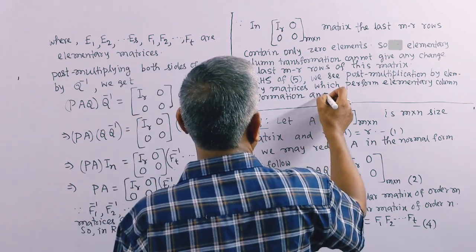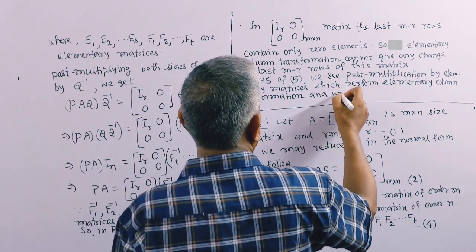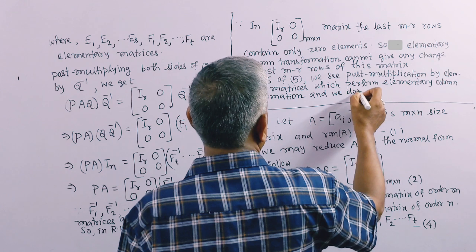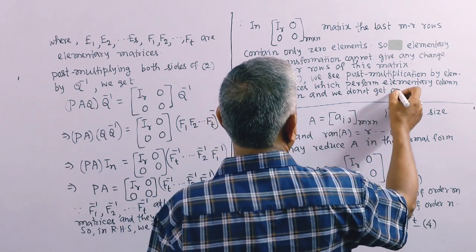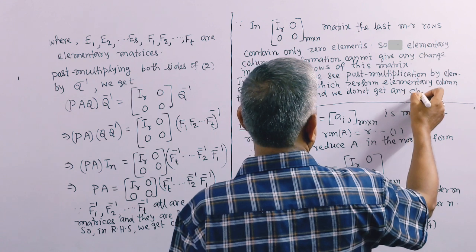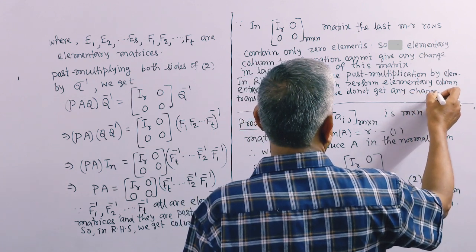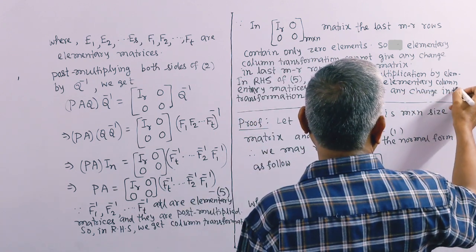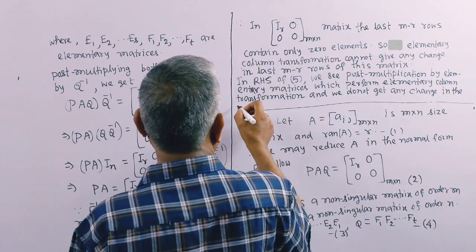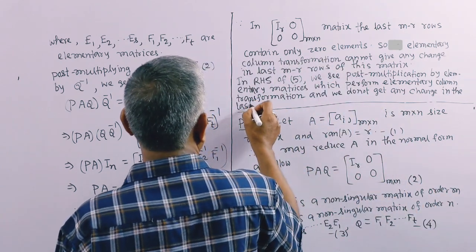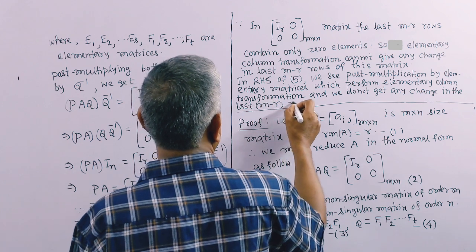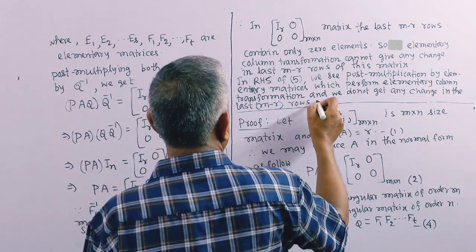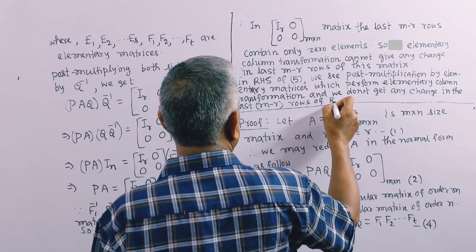And we do not get any change in the last m minus r rows of the right hand side of 5.